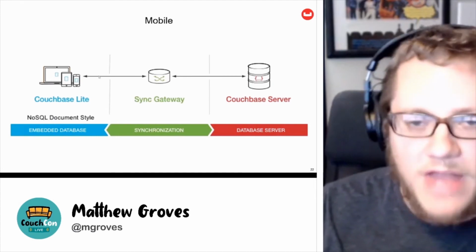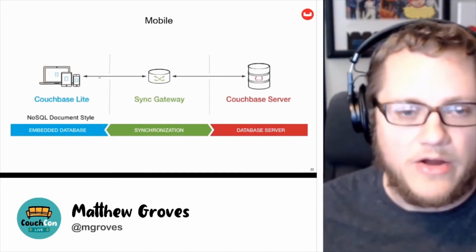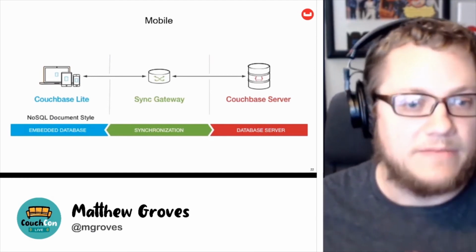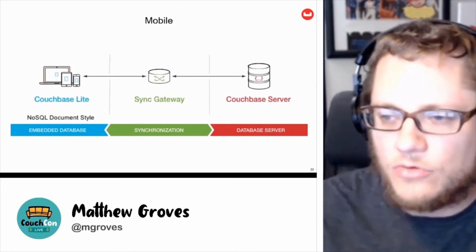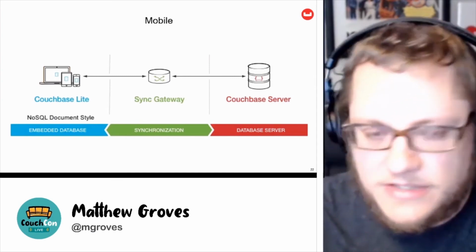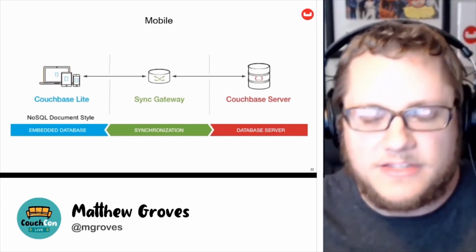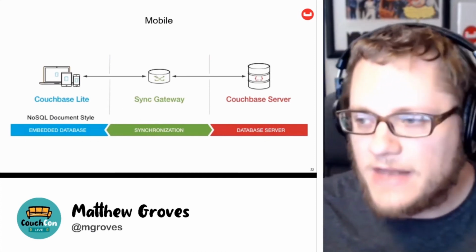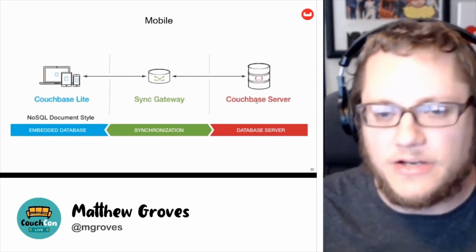So if you don't have an internet connection, let's say you're in a remote area or you're on an airplane, for instance, you can still read and write data to the device. It's still going to work, reads and writes. And then when you get back into someplace with service, the syncing will take over and it'll sync those writes automatically to your data center in the cloud.